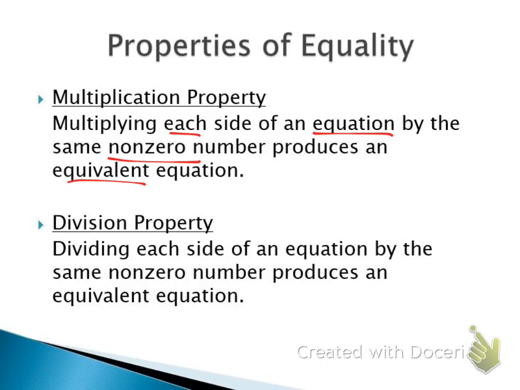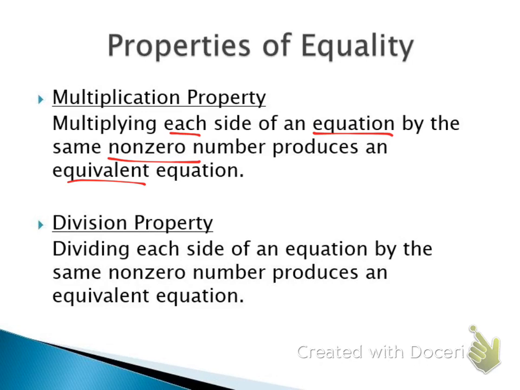The multiplication property of equality states that multiplying each side of an equation by the same non-zero number produces an equivalent equation. They put that in there because if you multiply both sides of an equation by 0, the whole thing goes to 0. 0 equals 0. That doesn't really do us any good.